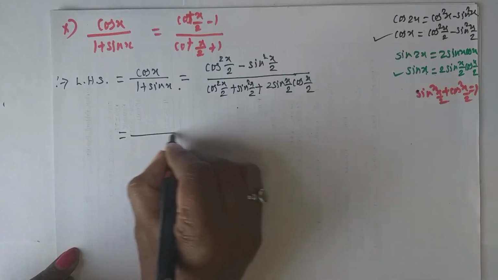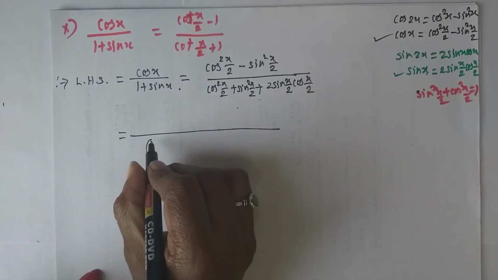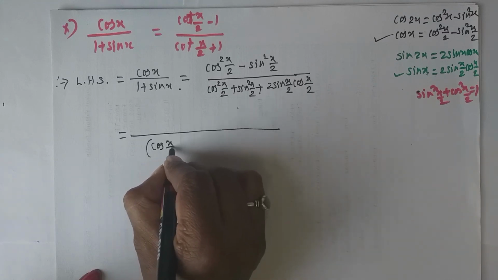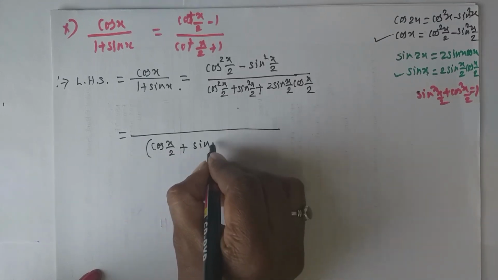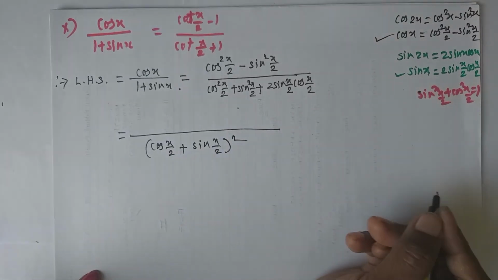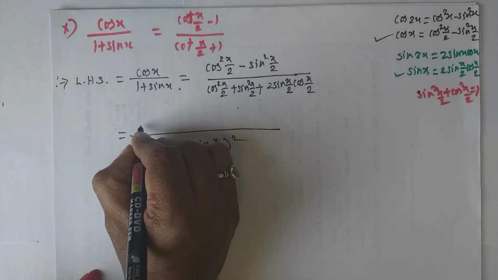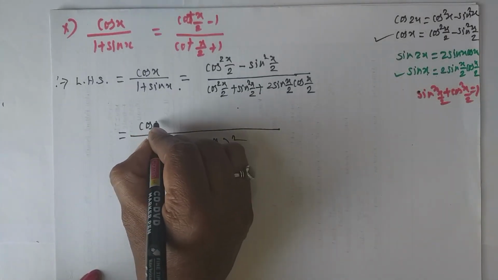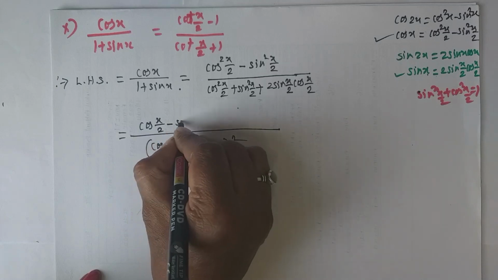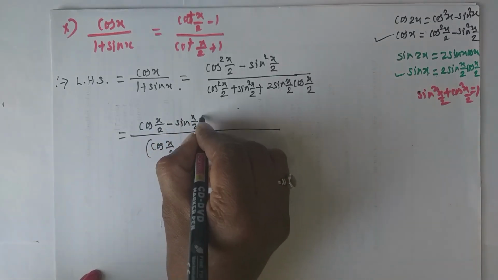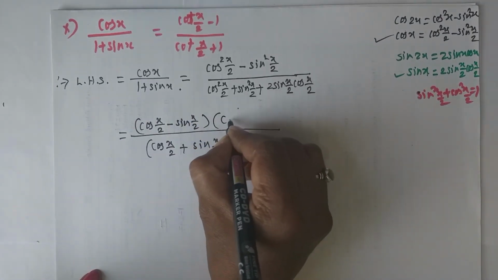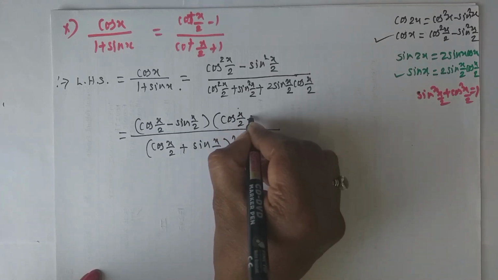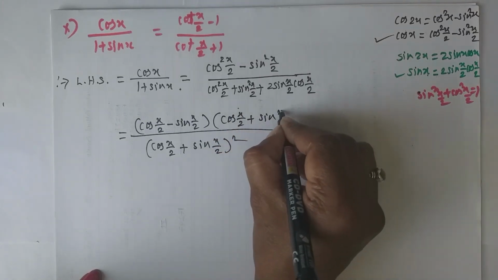Now see in the denominator, this is the expansion of cos x by 2 plus sin x by 2, its bracket square. And in the numerator, factorize this, its factors will be cos x by 2 minus sin x by 2, first factor. And second factor will be cos x by 2 plus sin x by 2.